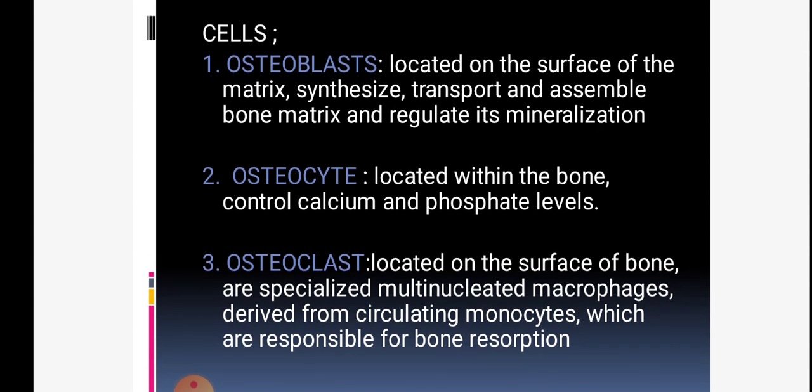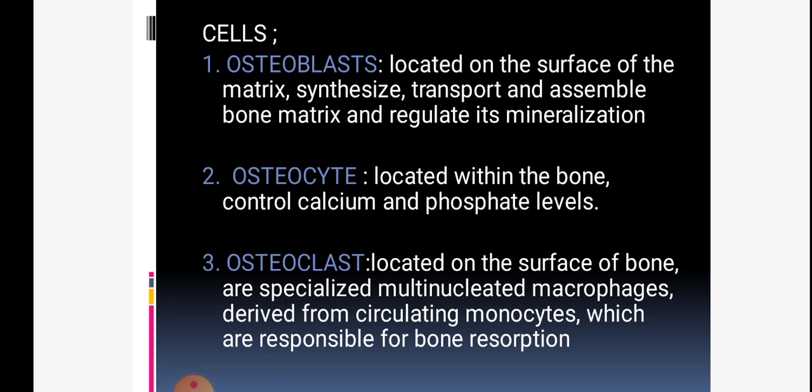Now what are these particular cells? The osteoblasts located on the surface of the matrix synthesize, transport and assemble bone matrix and regulate its mineralization. Osteocytes located within the bone control calcium and phosphate levels.